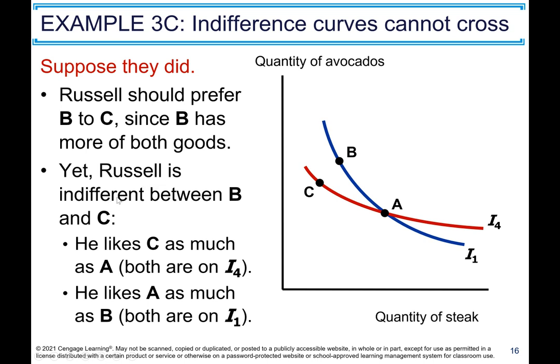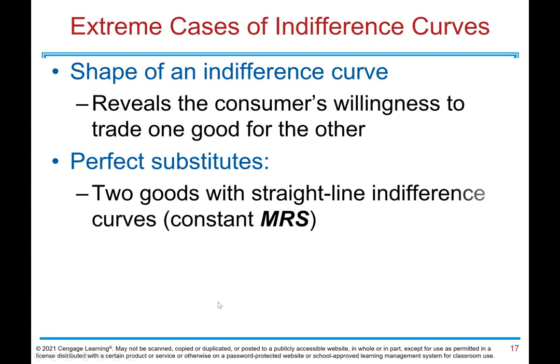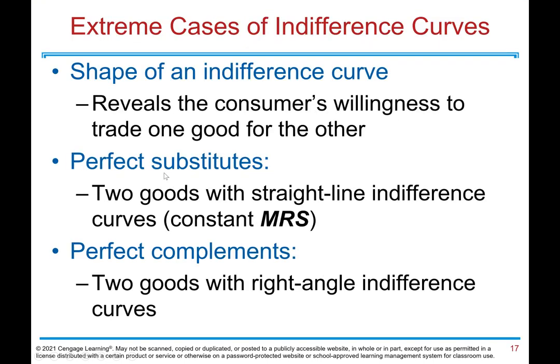Yet Russell is indifferent between B and C. He likes C as much as A, both are on I4. He likes A as much as B, both are on I1. So it shows inconsistency.